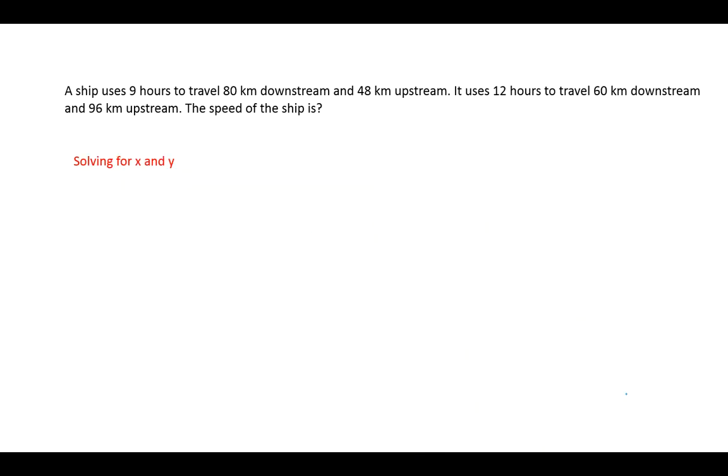So what we have done is we have found out the value of x. Now this is nothing but 590 by 42. So the value that we are getting is 14.04 kilometers per hour.